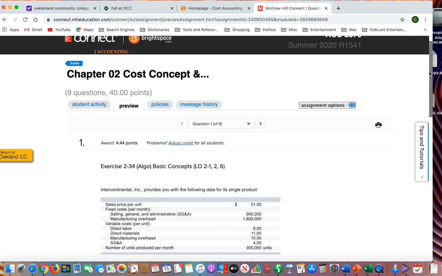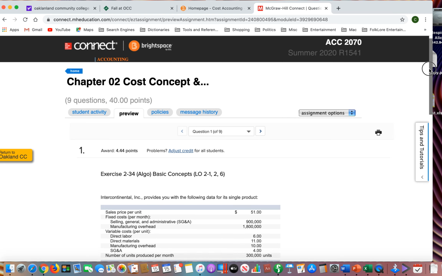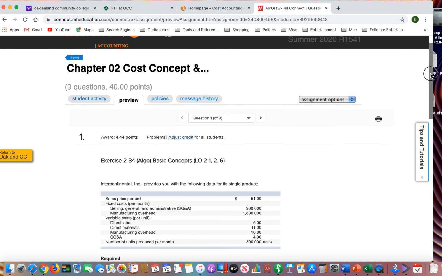Here we have some data, question 1, and it's going to have several parts, several questions to this information.